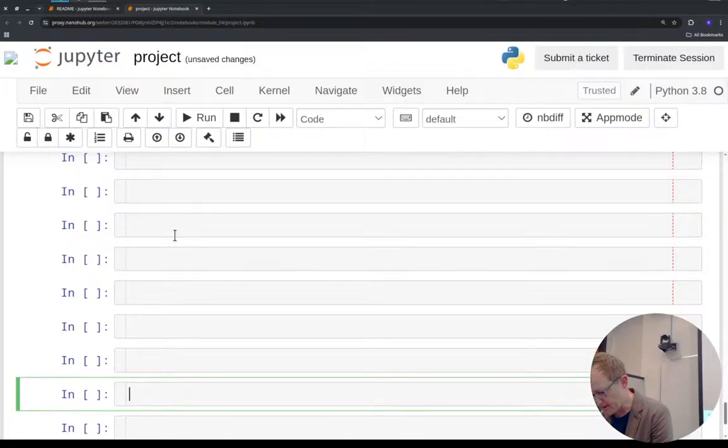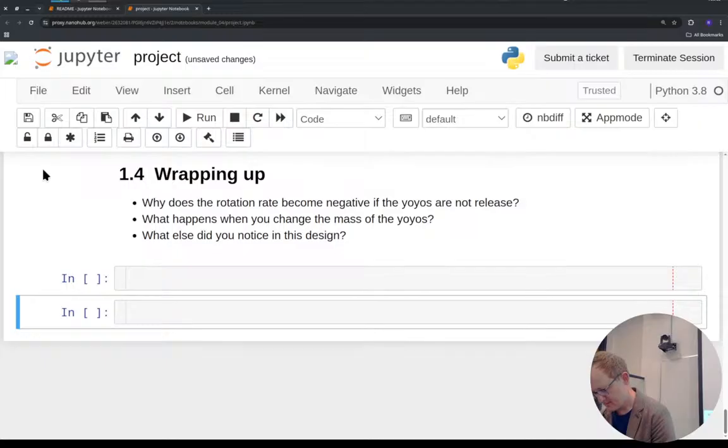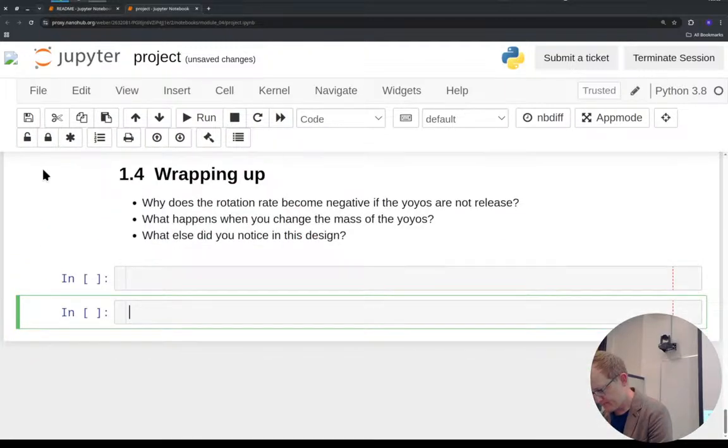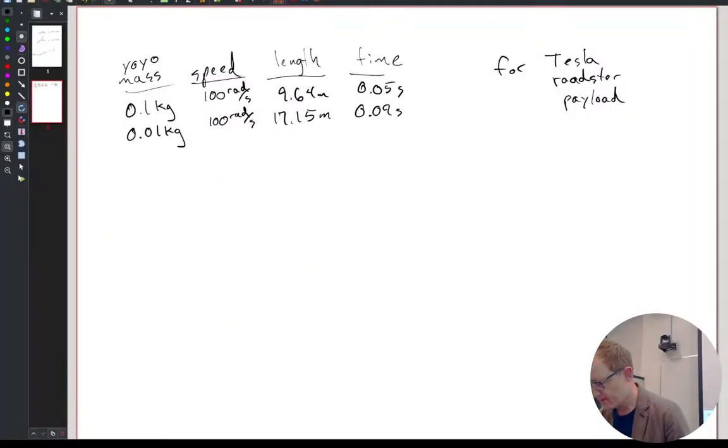But that's what we've done so far, right? Factor of 10. So 1 gram. 1 gram, now we're up to like 160 milliseconds and 30.5 meters of rope. What was it? 30.49.